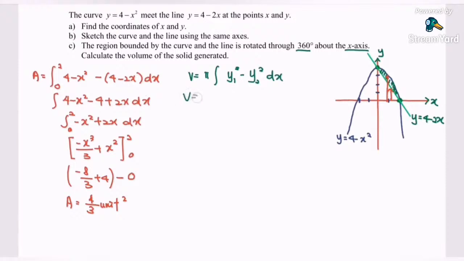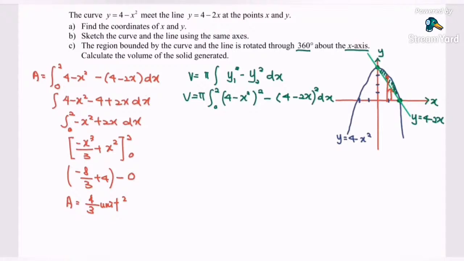So v is equals to pi integrate. The longest one would be 4 minus x square, bracket square because this is volume. Minus the second equation would be the shortest equation, where we have 4 minus 2x bracket square with respect to x for the limit 0 until 2.